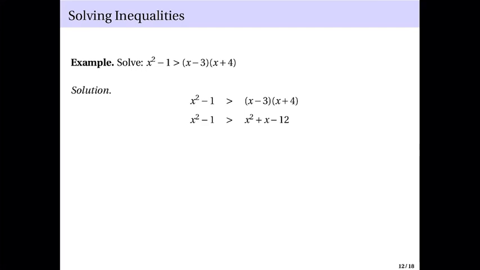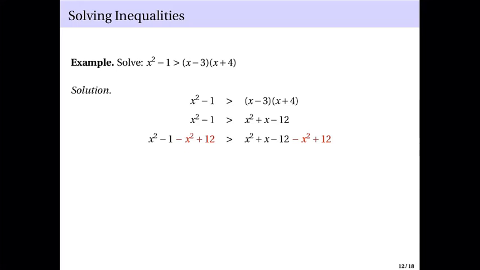Okay? And then notice, on the left-hand side you have x squared, and on the right-hand side you also have x squared, so they can be canceled. Let's try to isolate this x here. To isolate, we add negative x squared plus 12 on both sides of the inequality.